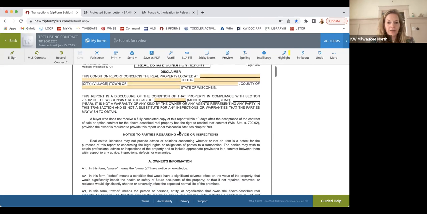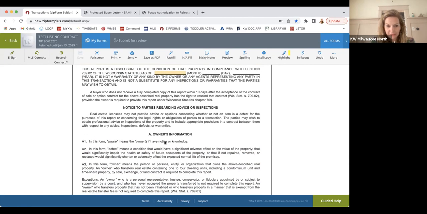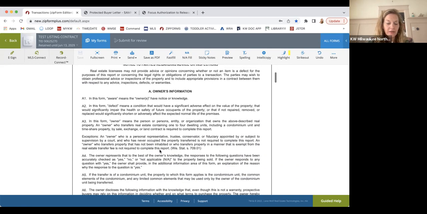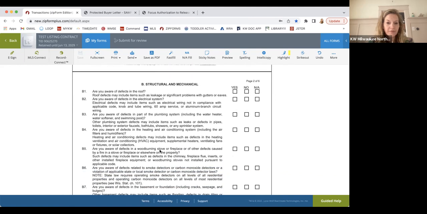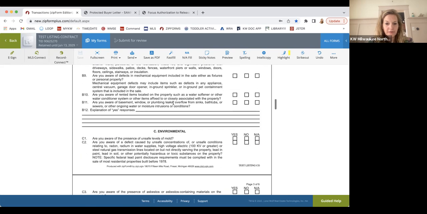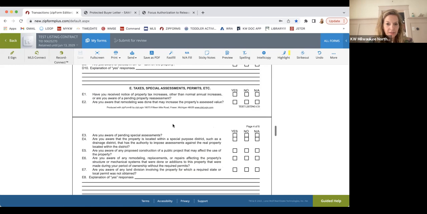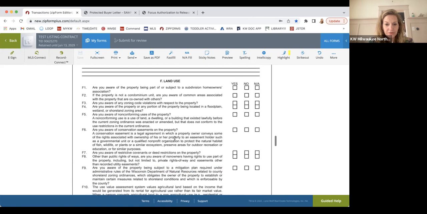But your biggest takeaway when it comes to the real estate condition report is that we cannot advise a seller on how to fill this out. This is their opportunity to disclose any defects that they are aware of. And it heads under structural and mechanical defects, environmental defects, wells, septic systems and storage tanks, and then taxes, special assessments and permits, land use.